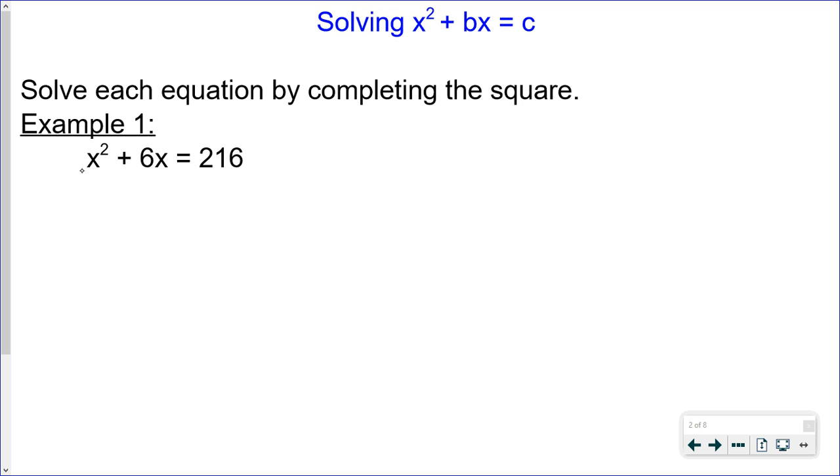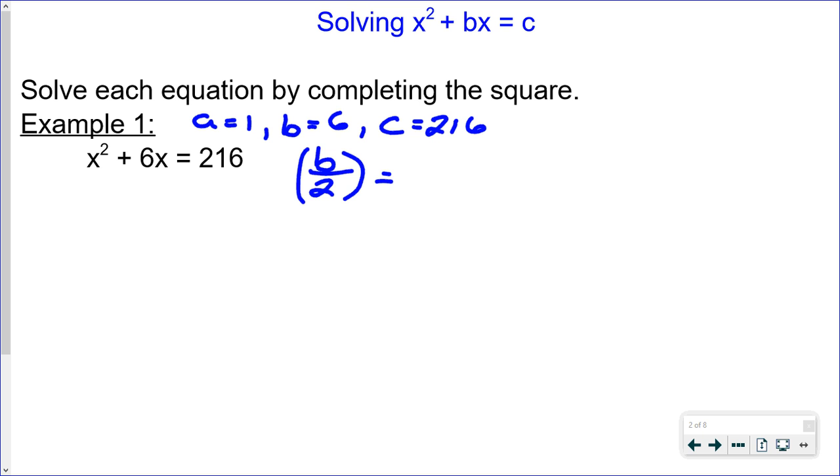So keep in mind, if I'm looking at this, my a value is 1, my b value is 6, and my c value is 216. All right, so the first thing we want to do is figure out what b over 2 to the second power is.